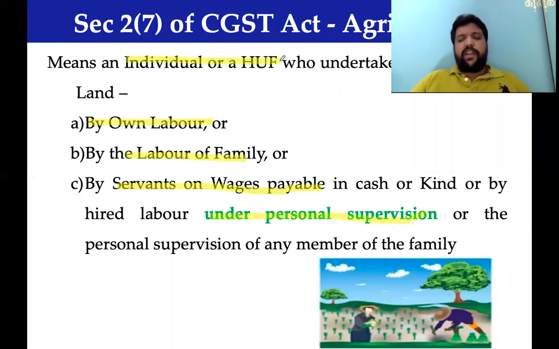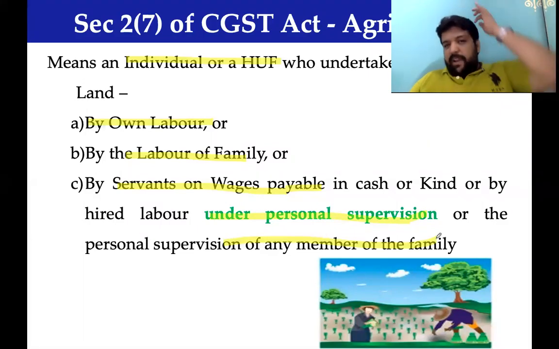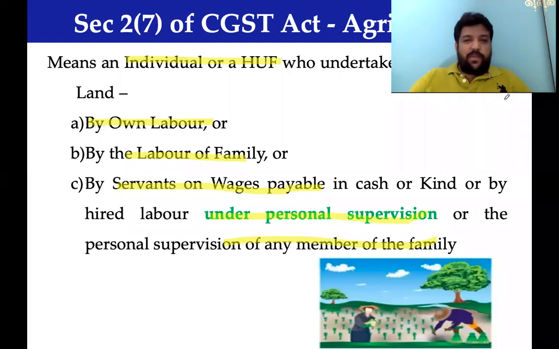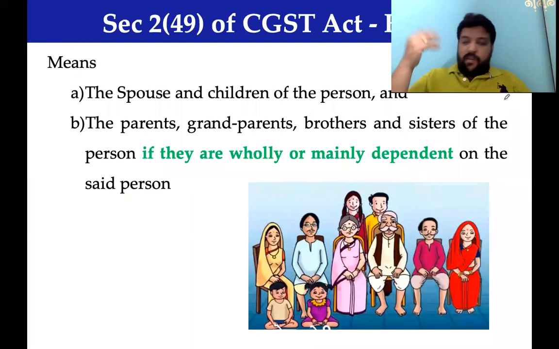Only individuals or HUFs can be agriculturists, and that too if they are involved directly in agriculture, or their family members are, or it is under the supervision of any member of the family. Once you put in family, the next doubt will come: what is family?